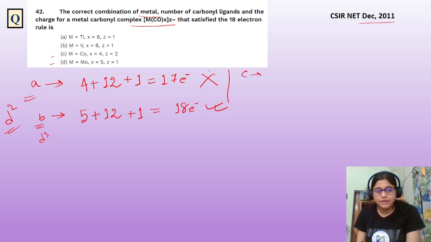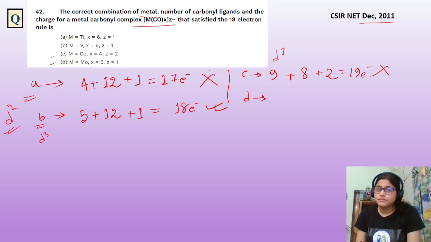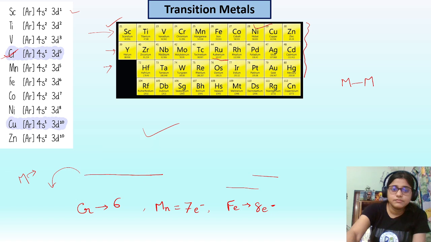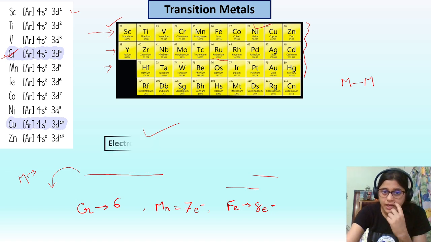Okay, so C has cobalt. Cobalt means d7, so we have to count 9. And X is 4, so 4 into 2 for carbonyl will be 8, and Z is 2, we have to add 2. So 19, obviously wrong. And for the D case, Mo, molybdenum is given. It is in the chromium group: chromium, molybdenum, tungsten, right?